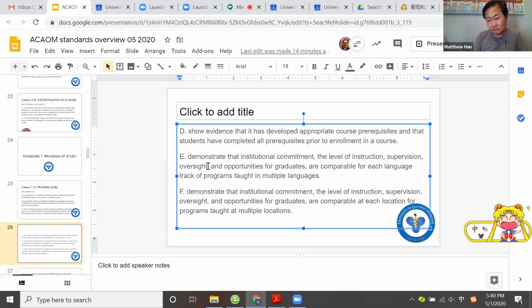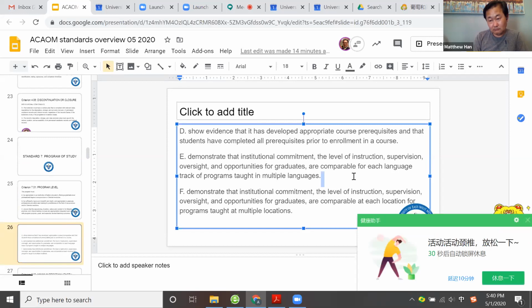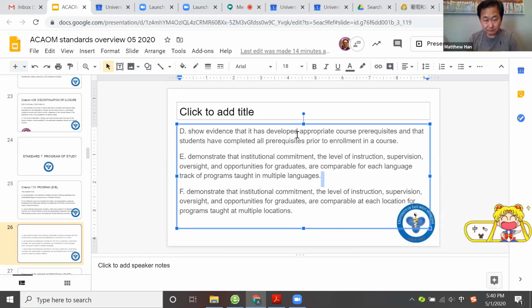And every year, every time we have the self-study, we need to show evidence that our program has an appropriate commitment. We have fulfilled our instructions, demonstrate the institution's commitment, the level of the instructions, all the things. We need to show the evidence.